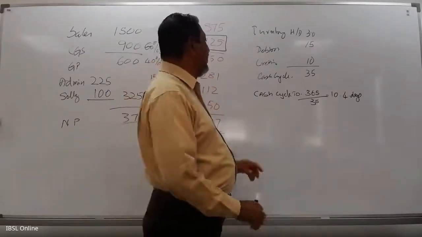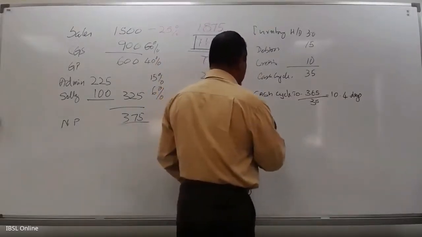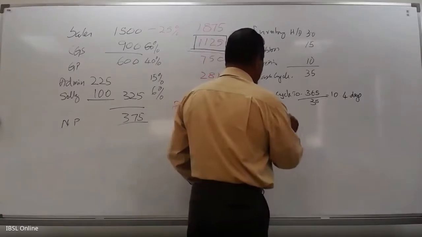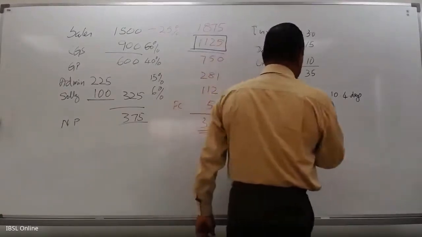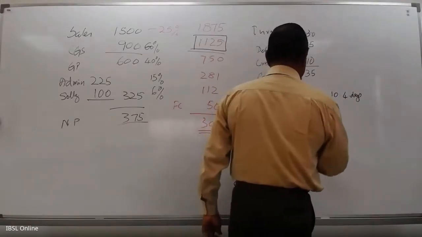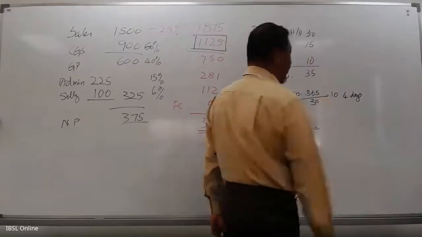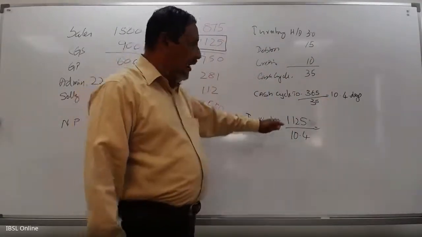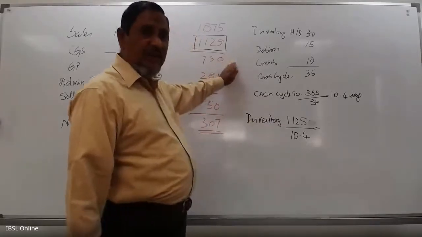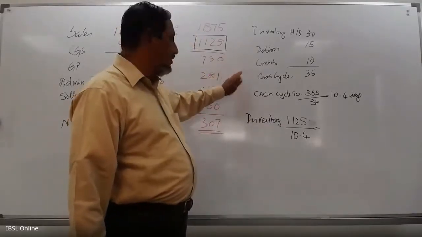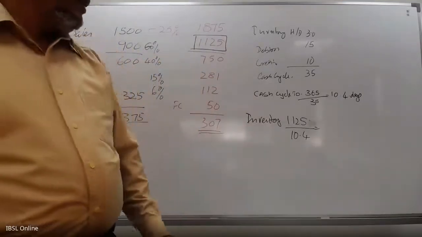It is 1,125 million inventory divided by 10. This is an accumulated annual figure, which rotates 10 times. Therefore, how much you need to give this customer is this much.